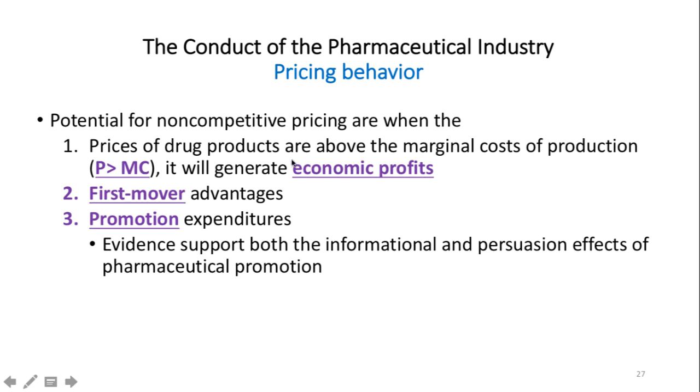So those are the potential factors for non-competitive pricing. And by advertisement, you can set the price higher than the marginal cost.